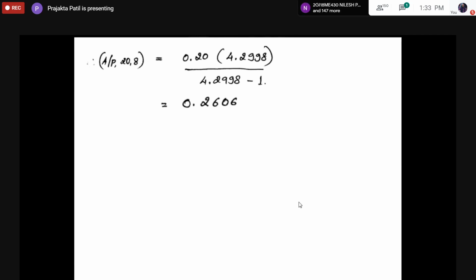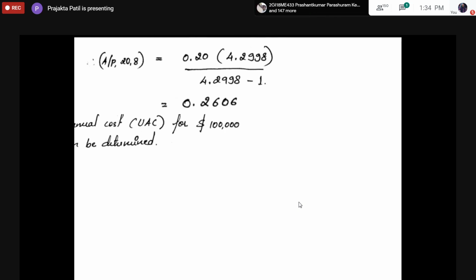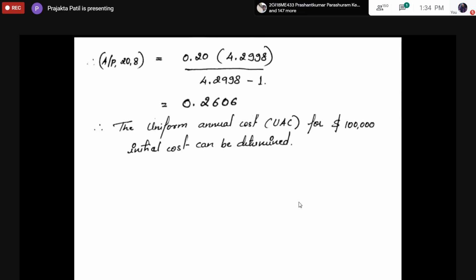No, we don't have to convert it into a percentage.